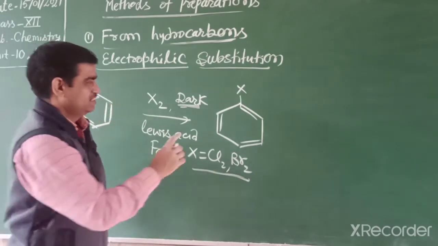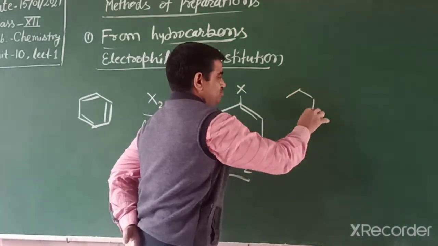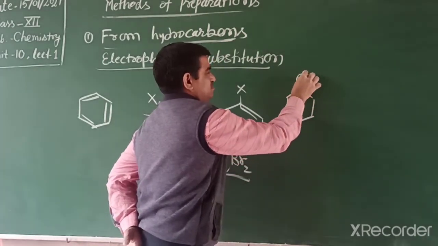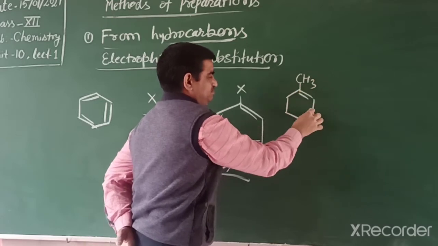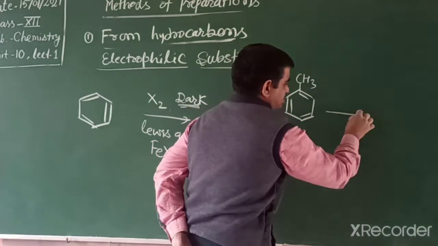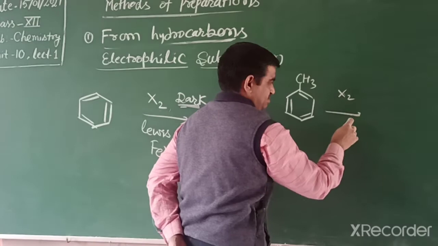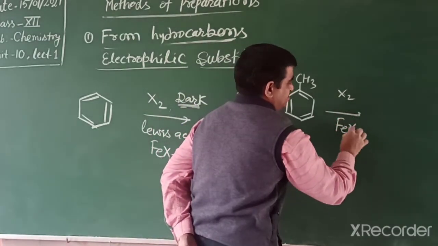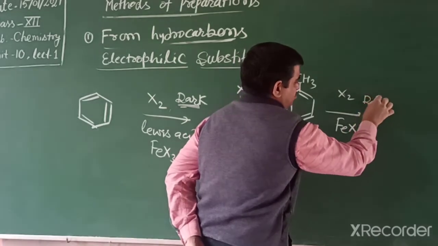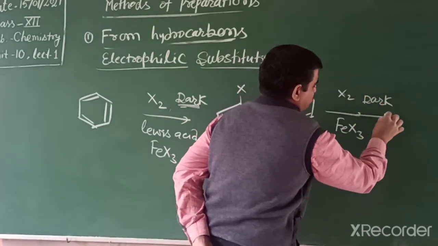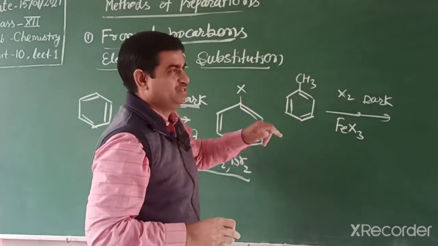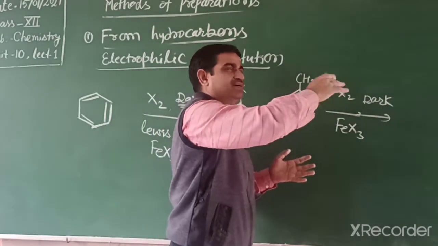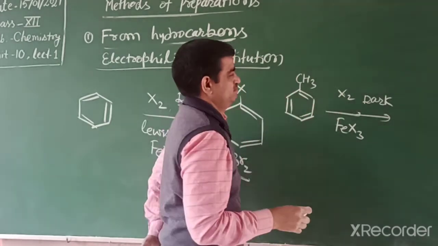Another example is toluene, meaning methylbenzene. It reacts with halogen in the presence of Lewis acid, we need iron halide here, and dark also. So we get two products, because this methyl group is ortho para directing, it directs the incoming group to the ortho and para positions.